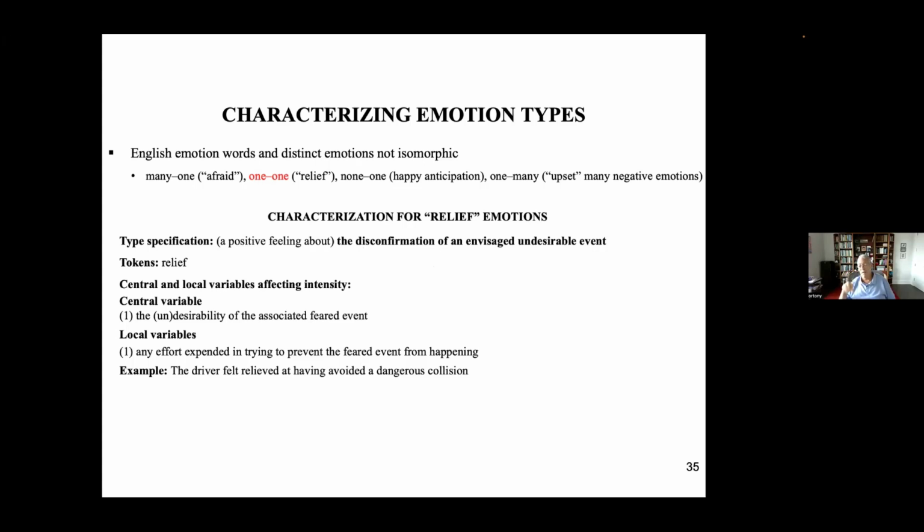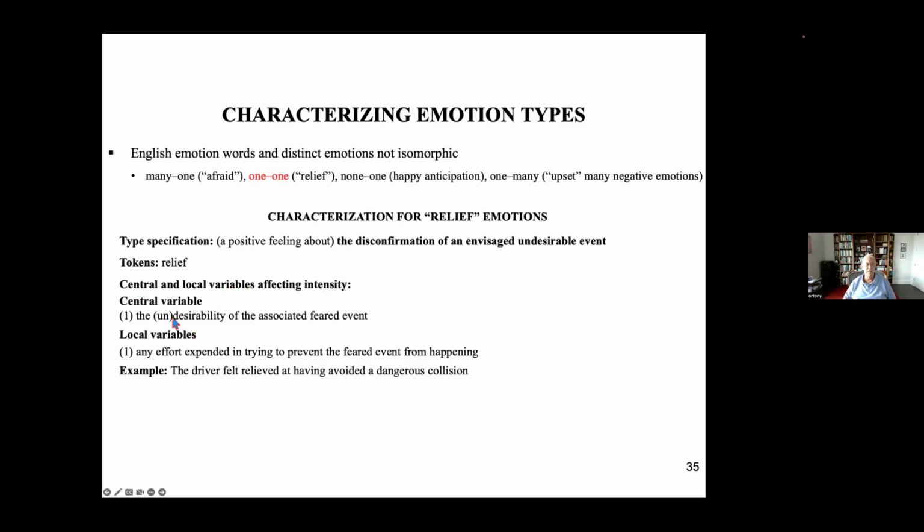And the unconfirmed was the hope and fear types. The disconfirmed were the disappointment and relief types, and the confirmed were the fears confirmed, and I can't remember what it was, gratification, I think.